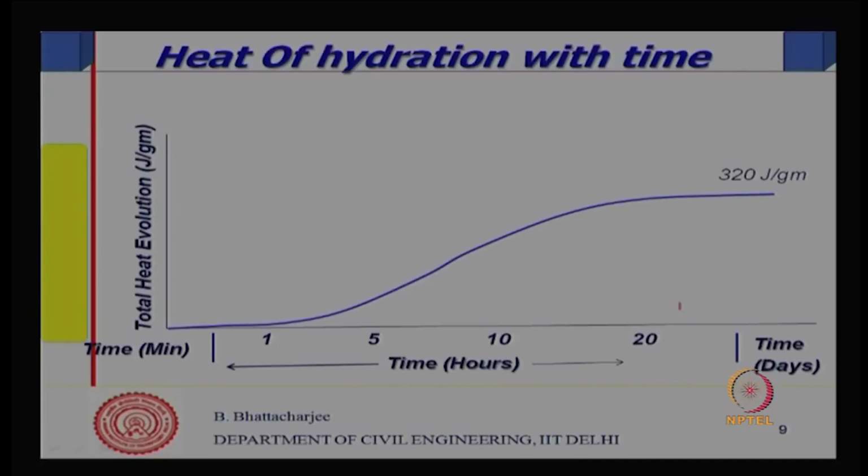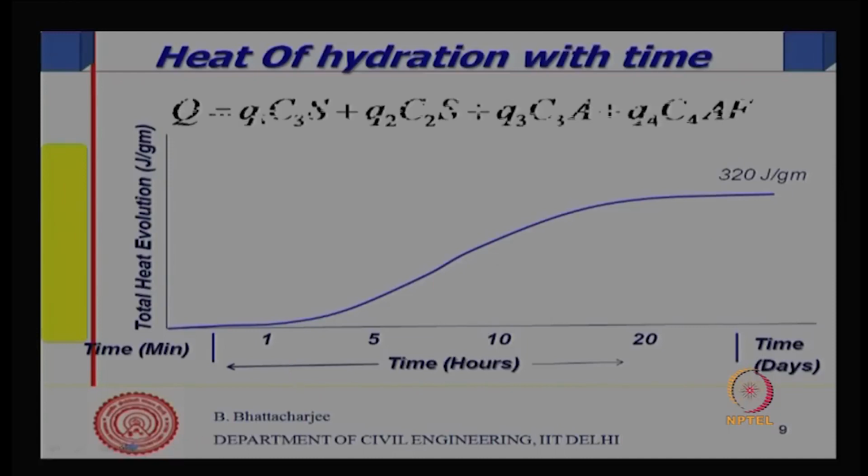So, peak rate of heat evolution will be at 4 to 6 hours, as we have seen in the last summary here, about 7-8 hours, 10 hours at that time, and after that it stabilizes out. So, initially there is a peak, but that is not a long period. So, if you sum it up, it is not very large, but rate of heat evolution will increase and attain a peak somewhere at this stage, and after that rate of heat evolution reduces. So, total heat evolution also reduces.